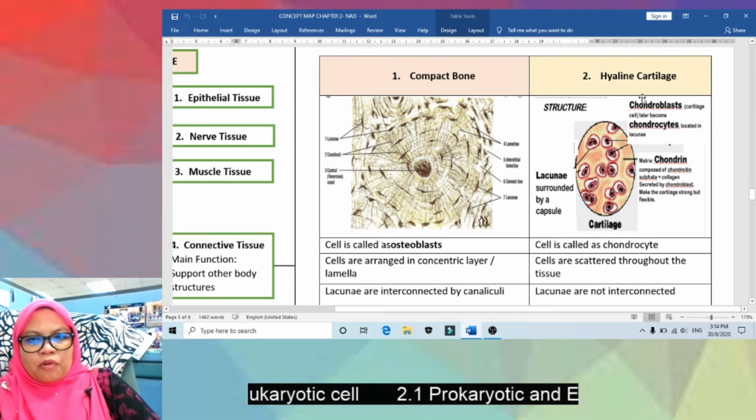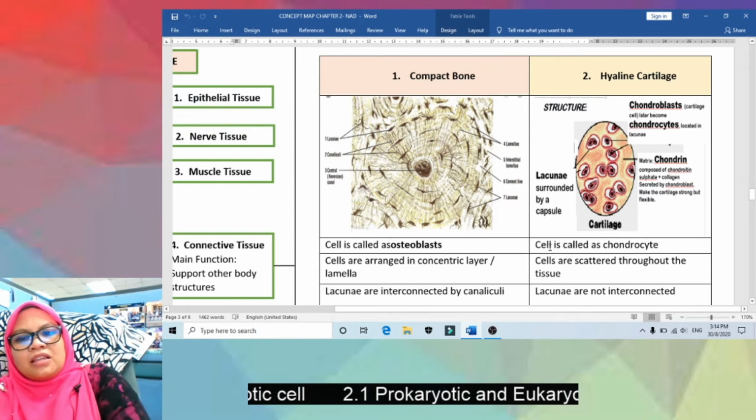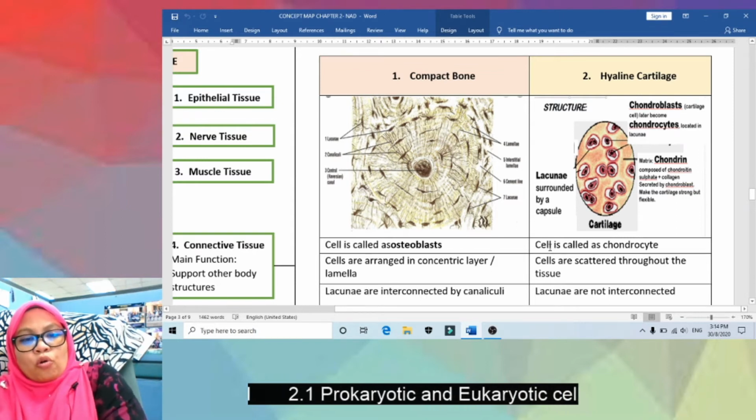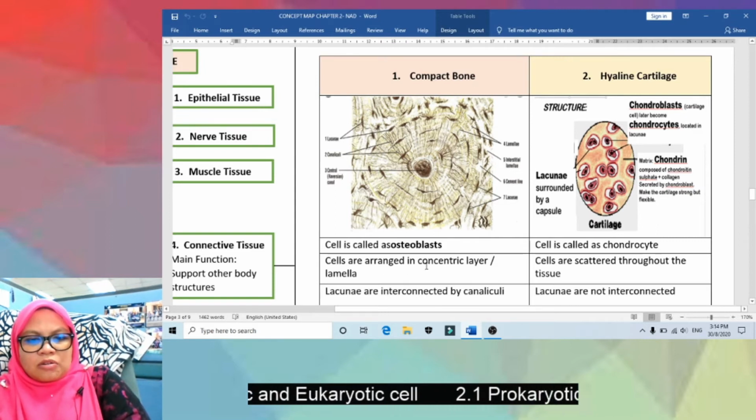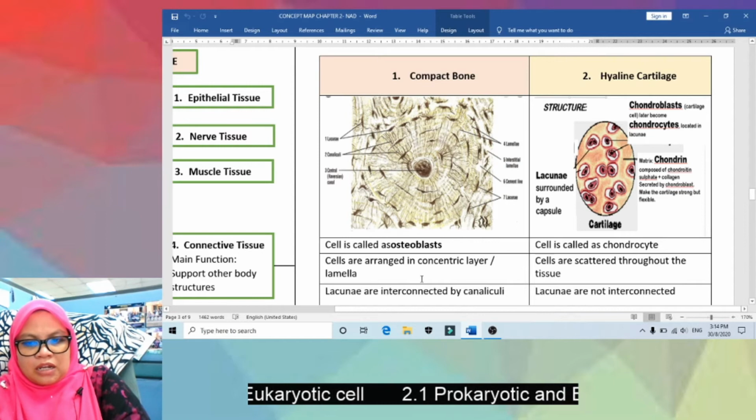But for hyaline cartilage, the cell is called chondrocyte. Okay, for compact bone, the cells are arranged in concentric layers or lamellae. For hyaline cartilage, the cells are scattered throughout the tissue.